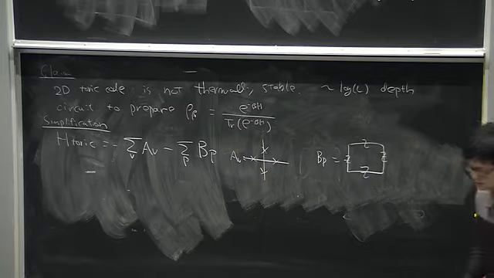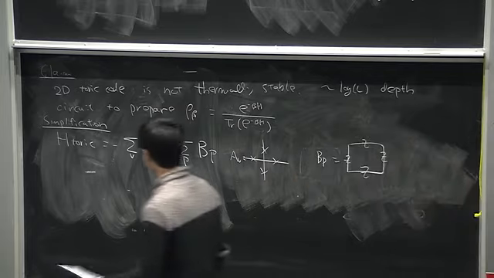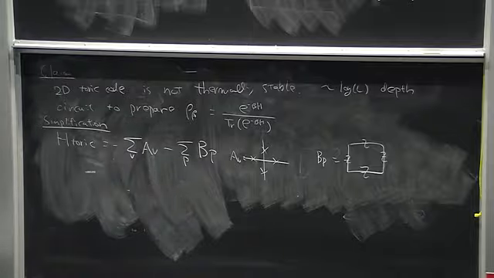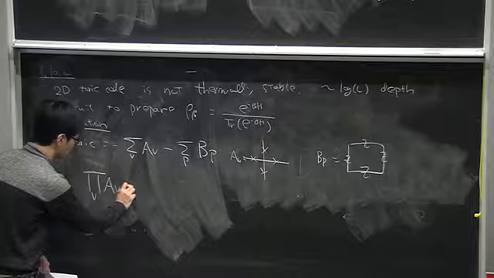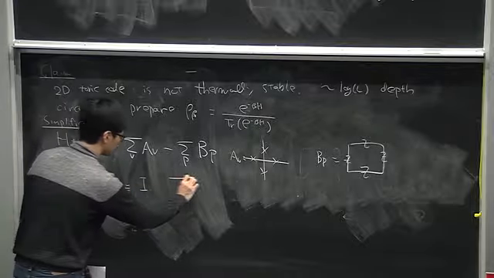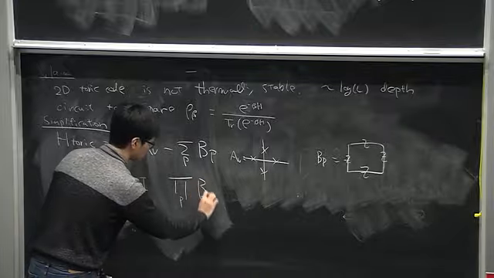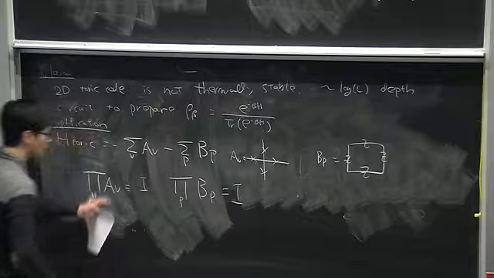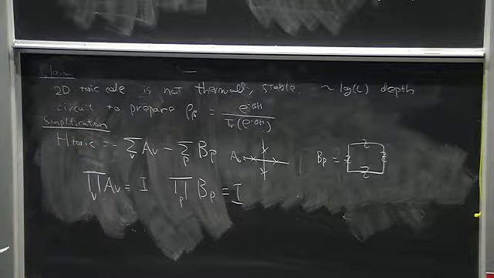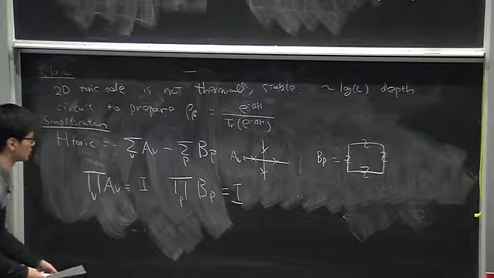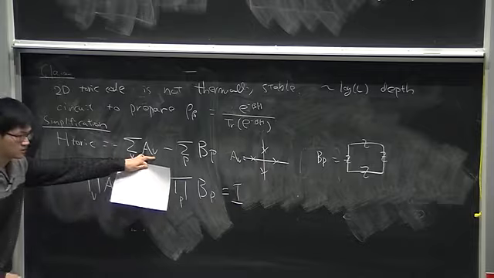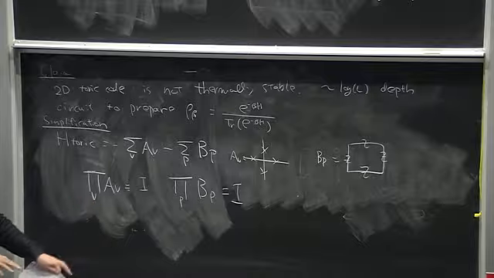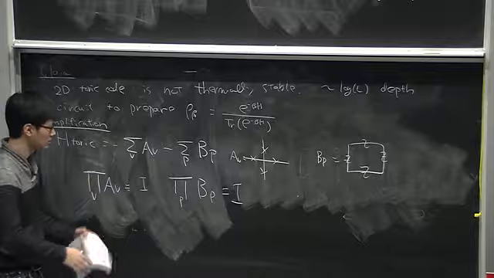There's one technical subtlety I need to take care of, because it arises from the fact that these stabilizer generators are not independent, and this adds one slightly non-trivial step in the proof, which I think is not that important. So just to avoid this problem, I'm going to assume that the A_v operators and B_p operators are all independent by removing one of them.